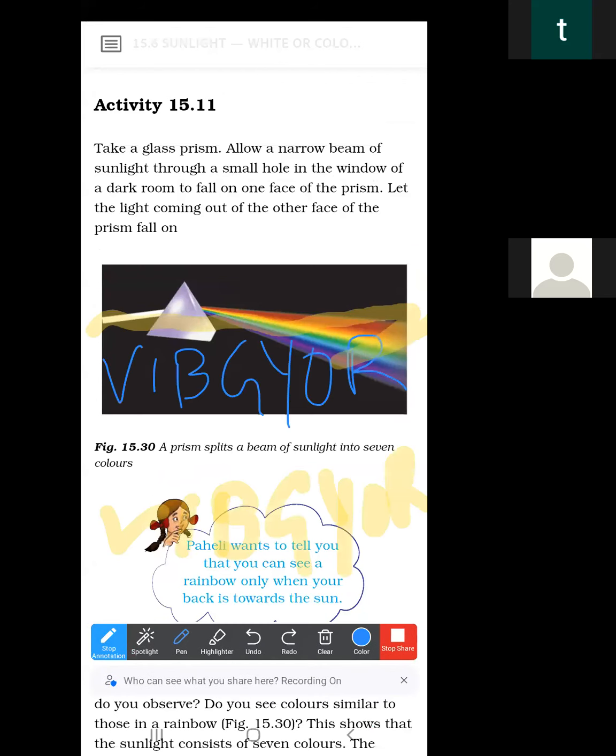This is the pattern. Yes. What is the pattern? Vibgyor. The pattern is Vibgyor.